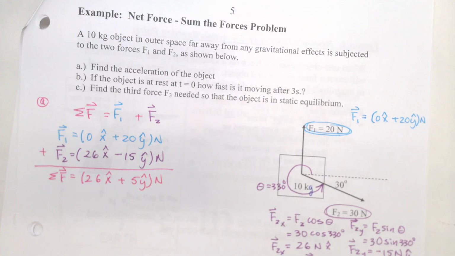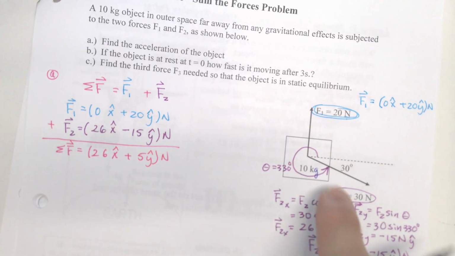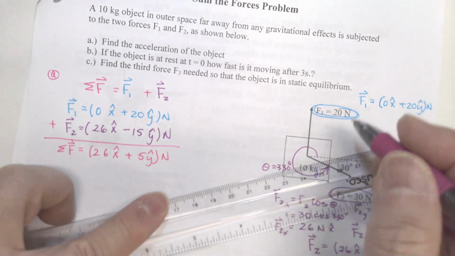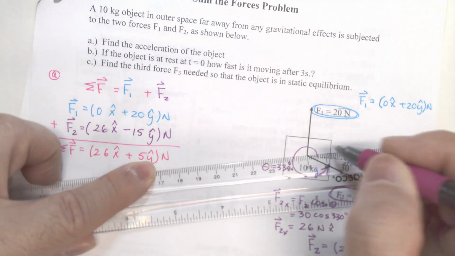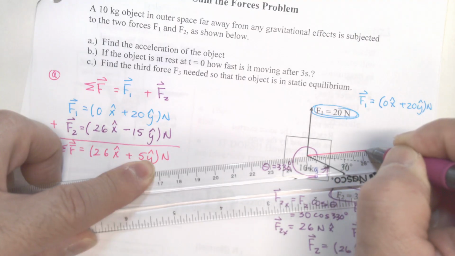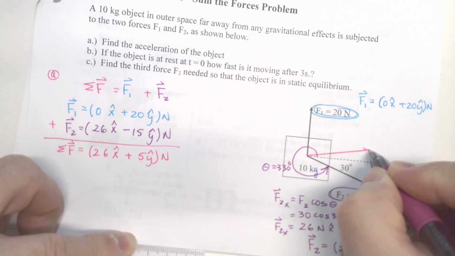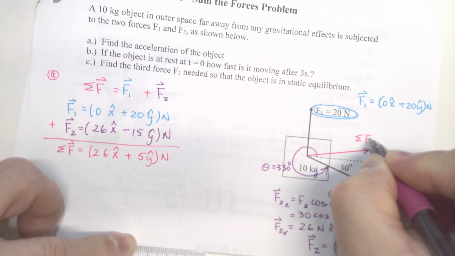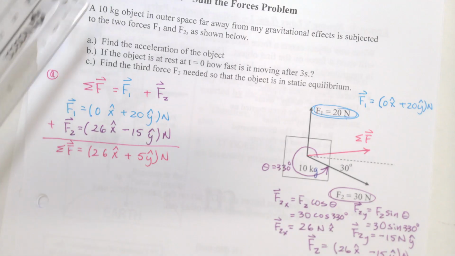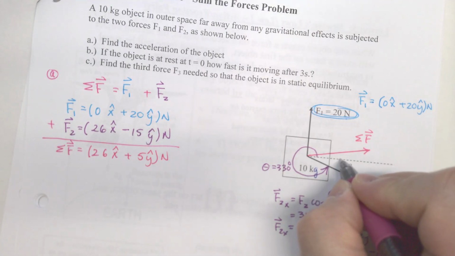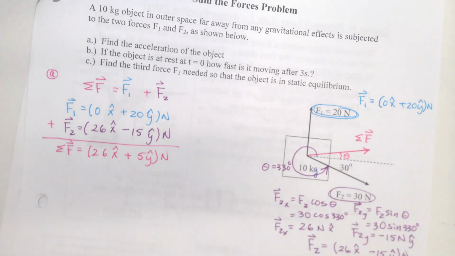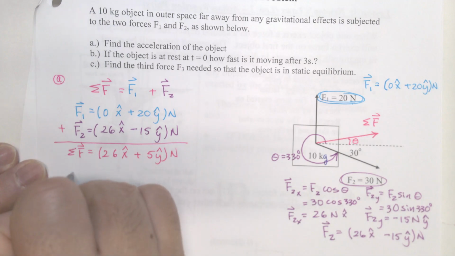That means my net force goes somewhere like this. This is my net force, and this is the angle theta for my net force. So what is the magnitude of this net force?